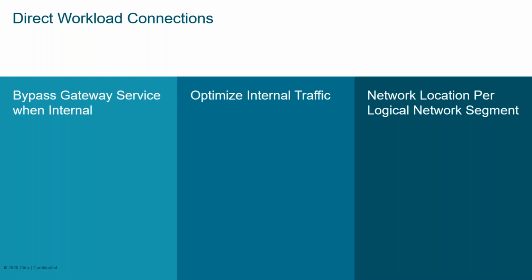This, of course, is going to optimize the internal traffic for that user. It's going to give them a much faster and better experience because they don't have to go all the way out to the internet to come back in to that internal network. We also will have the ability to have a network location per logical network segment as well.